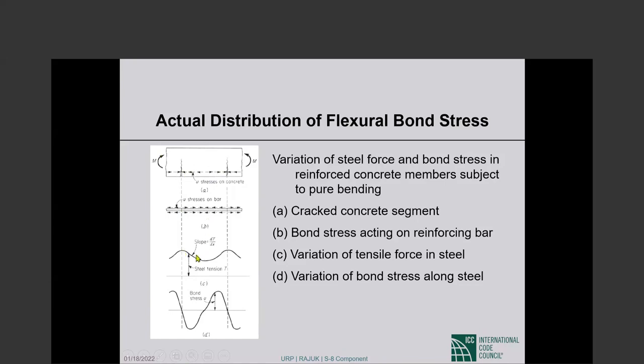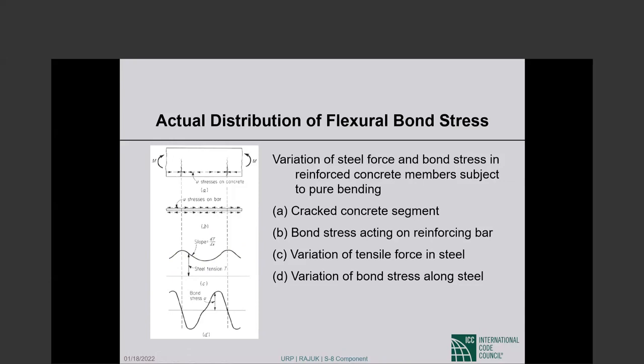In between the cracks, concrete still carries some tension, so the steel tension goes down. And again, at the next crack, the steel tension picks up. So the tension in the reinforcing steel is not constant. It varies between cracks as shown in the picture.